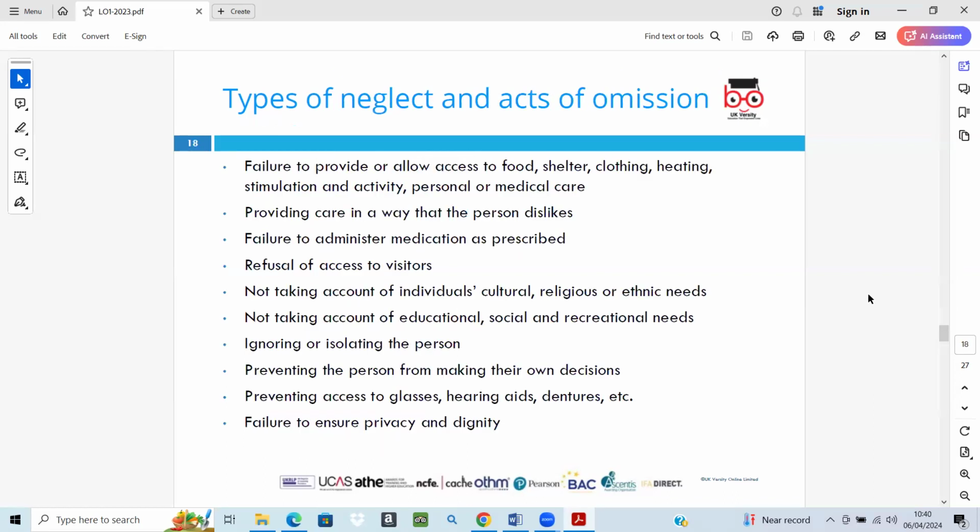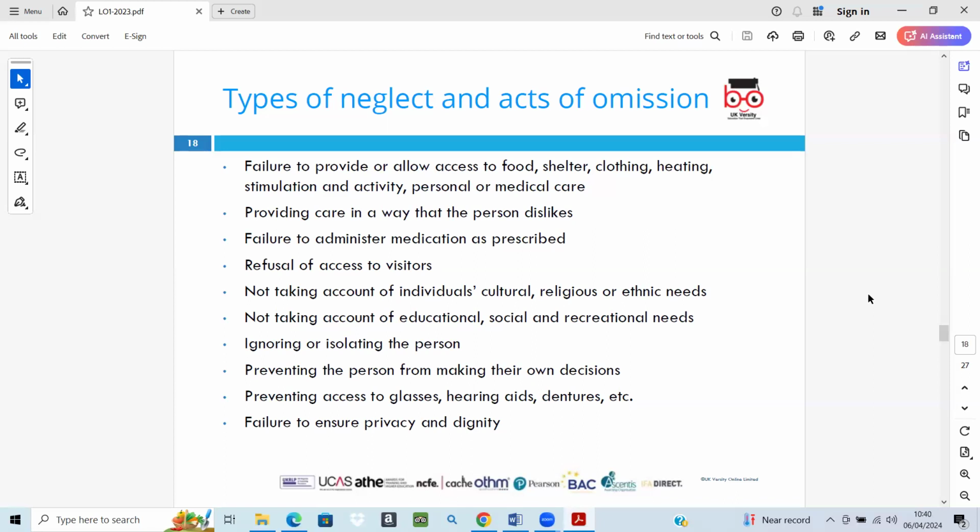Then we have types of neglect and acts of omission. Again, we have a list for that, which is the failure to provide or allow access to food, shelter, clothing, heating, stimulation and activity, personal or medical care.